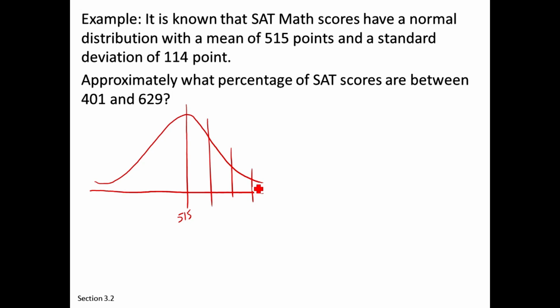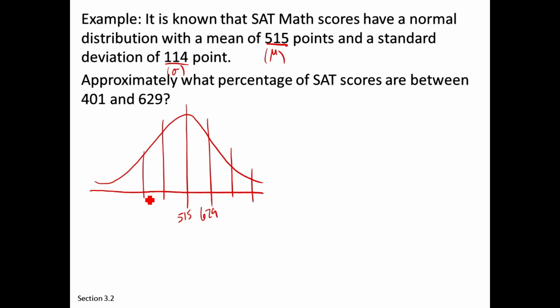Okay, so if you go up one standard deviation, what's going to be this value right here? So the mean is 515, right? So this is mu. This is sigma. So what would this number be up one standard deviation? 629. Yeah, so you add it, right? So you take a mean and add one standard deviation to it. That would take you up to 629.